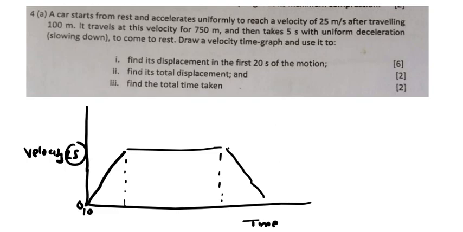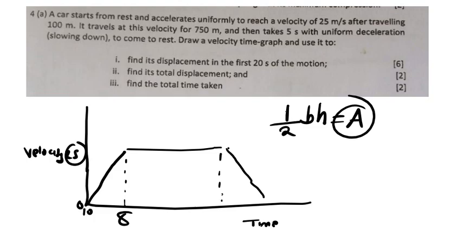You know that this is a triangle, so we have to find the time it took, and it gave me 8. How I found 8 is, the way I find the distance is half base height. This is equal to the distance, or the area. The distance we've been given is 100 meters.